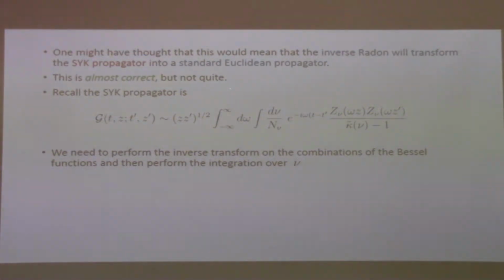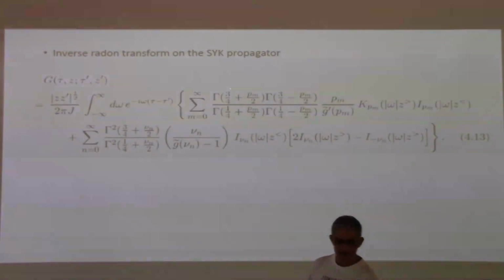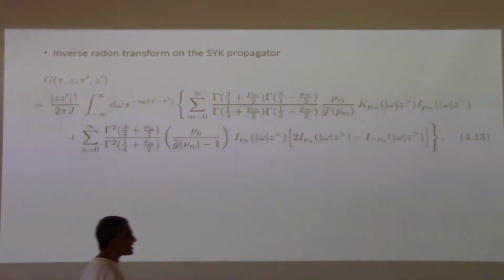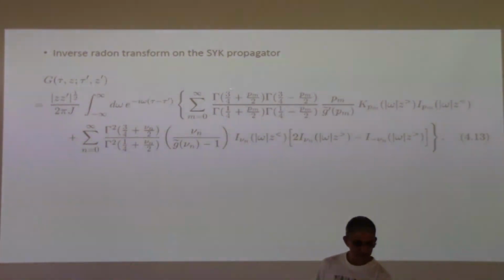So here I have rewritten the SYK propagator in terms of the mode sum, and we now need to perform an inverse transform of these functions and obtain it in terms of these new variables, and this is the horrible answer which you get. There are parts of this answer which are quite recognizable.